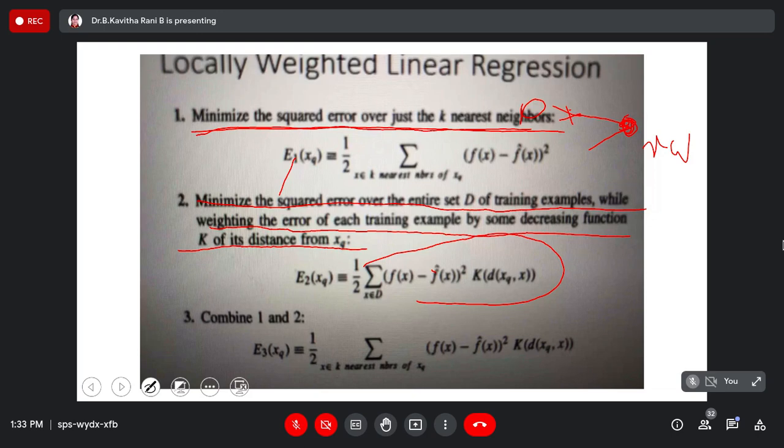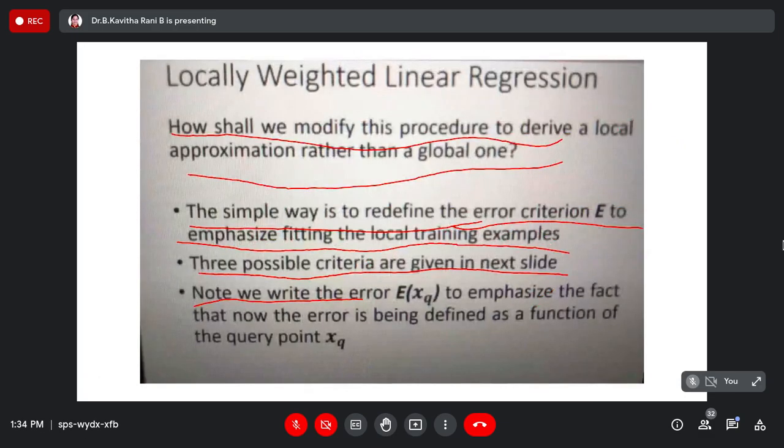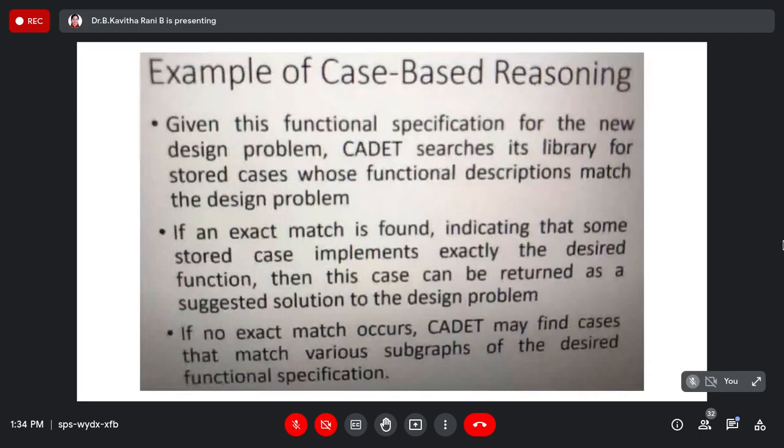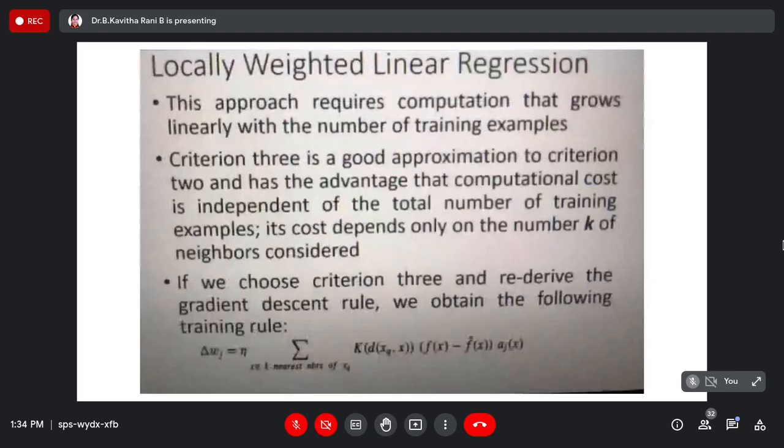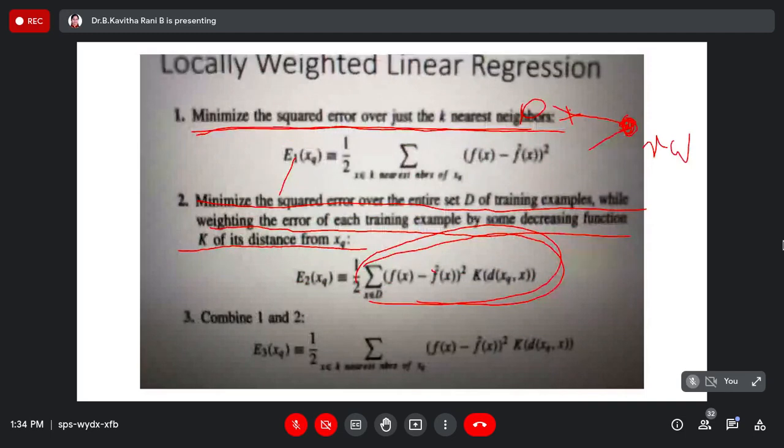If the distance of the new instance from the existing one is far, add less weight to that.